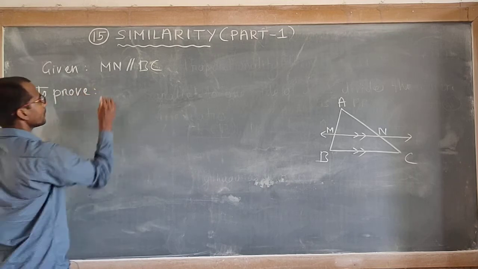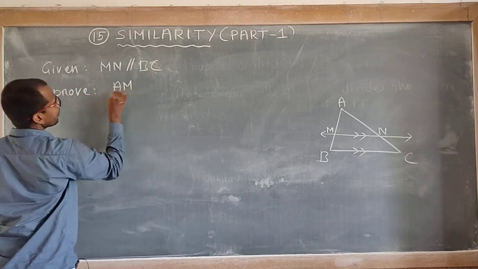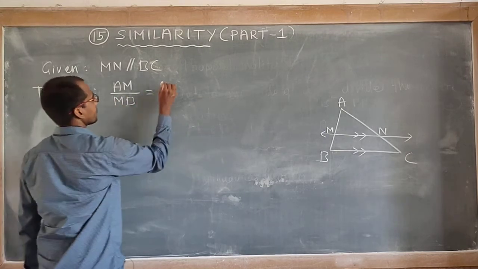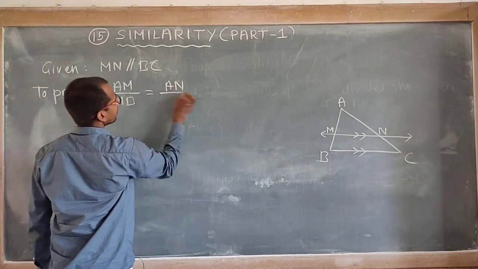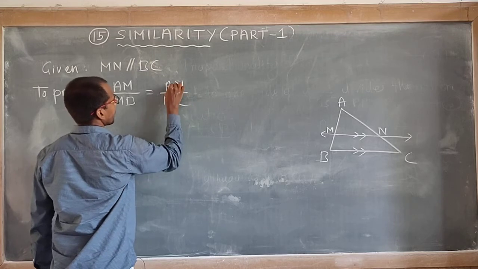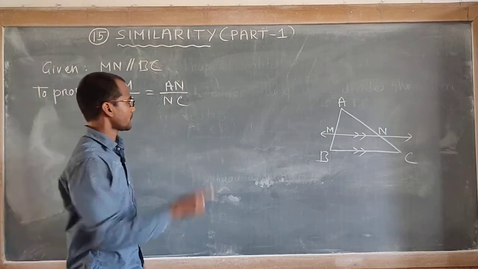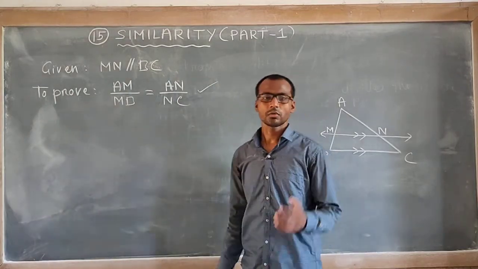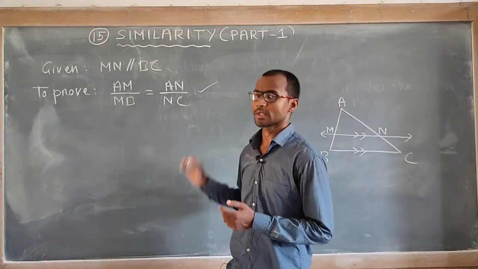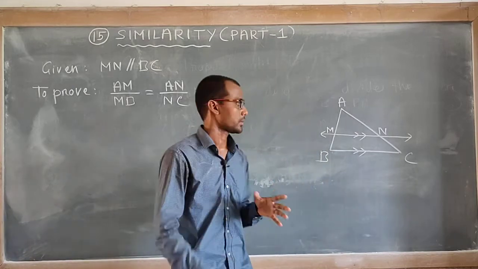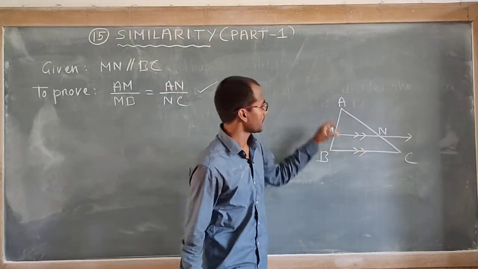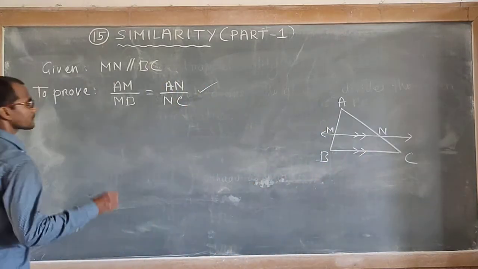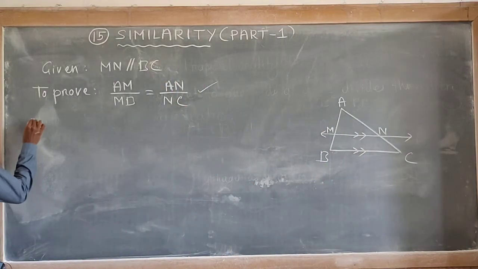To prove: AM by MB is equal to AN by NC. So this is the theorem. Here I am proving, you don't need to prove. You just have to remember and use it. So MN parallel to BC means AM by MB equals AN by NC. That you have to use. So let us go to the proof.